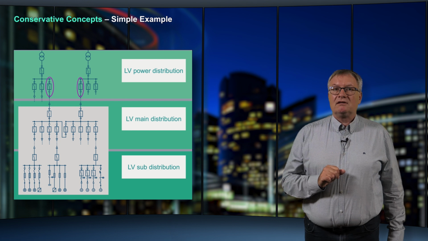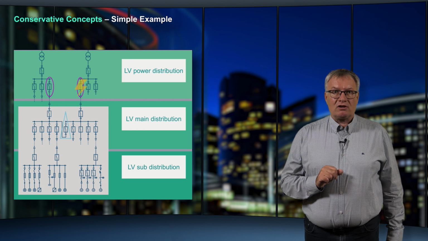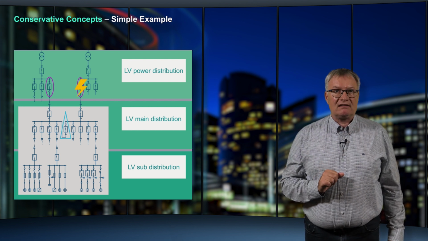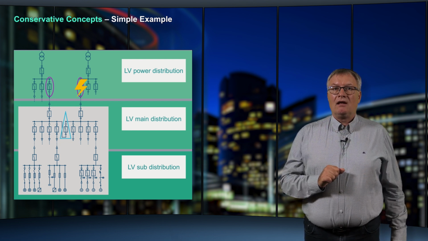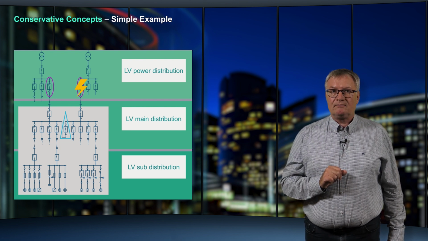At this point, the safety power supply is redundant. In the low-voltage main distribution, the failure of one of the violet-marked outgoing feeders can be compensated via the coupling switch in the blue triangle. In case of a failure, the redundant feeder takes over the safety power supply.